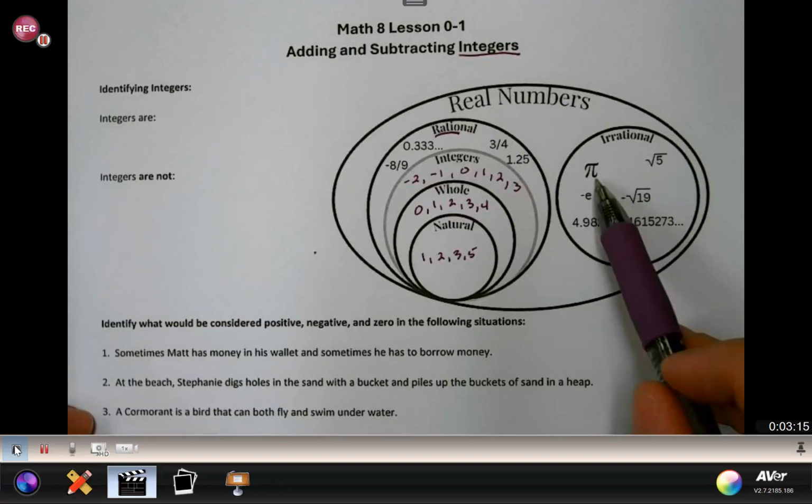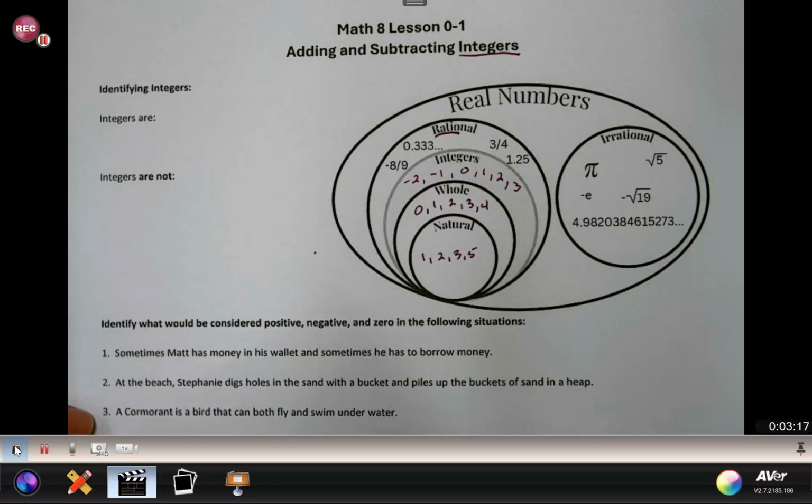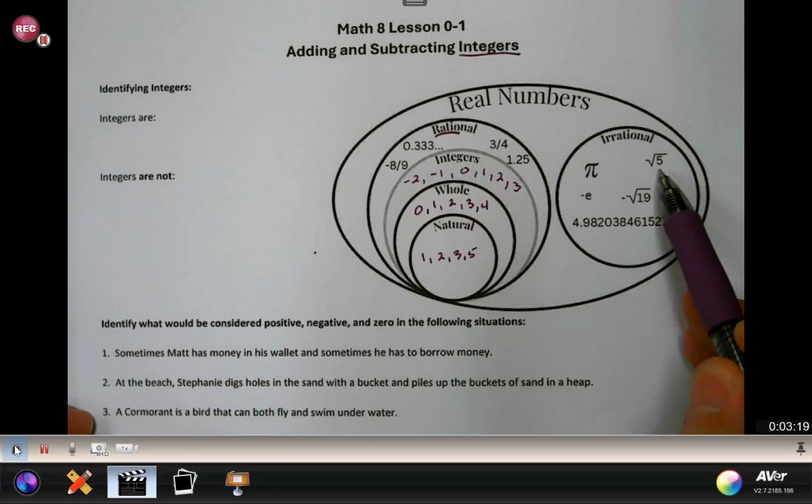So pi, that would be an irrational number. The square root of 5, which would be 2 I'm going to guess 2 something. So this number goes on forever, but it doesn't repeat itself. So it's impossible to write down, so we use this symbol.